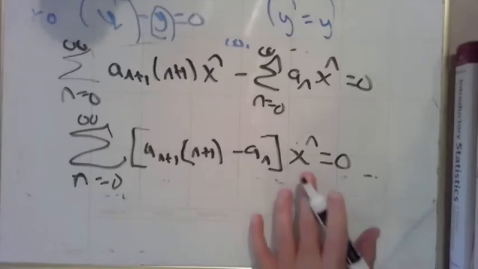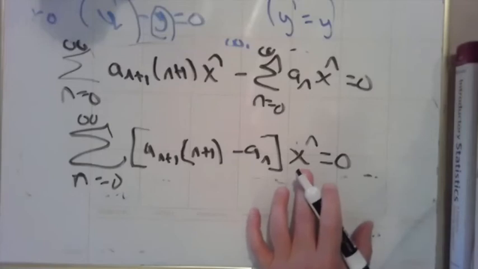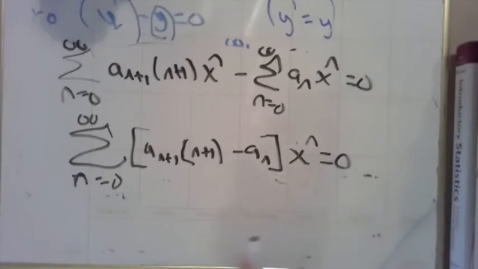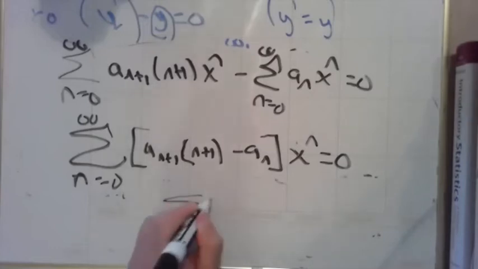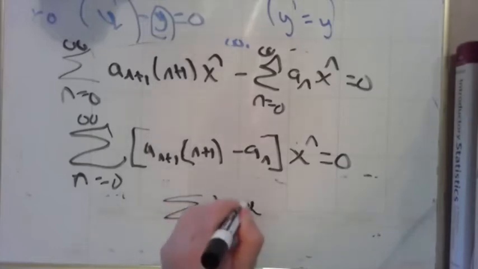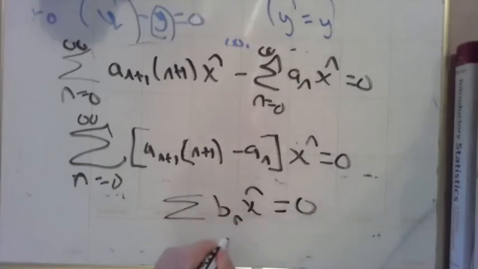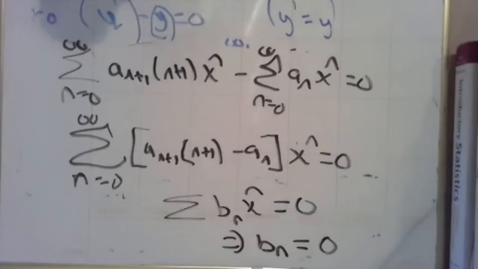The only way a power series can equal 0 for every value of x is if every single coefficient equals 0. So if the sum b_n x to the n equals 0, that implies every b is 0.